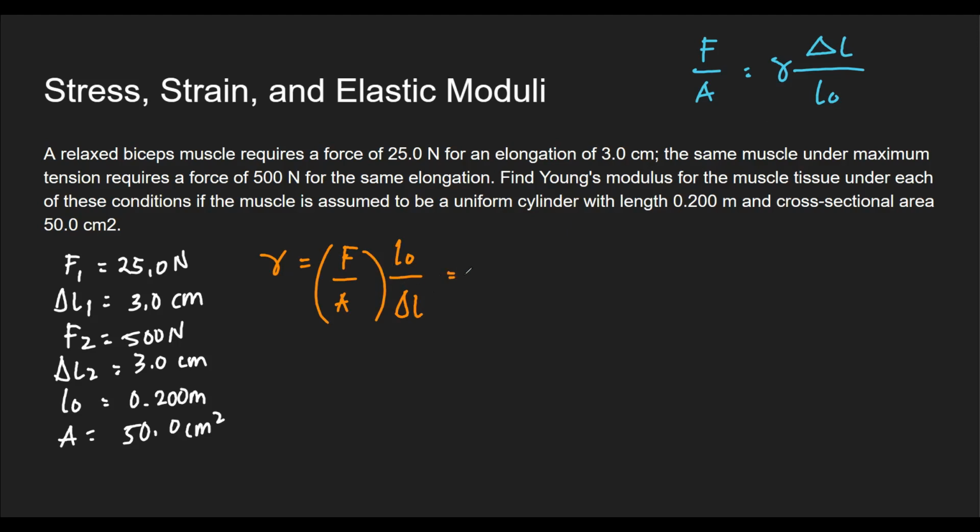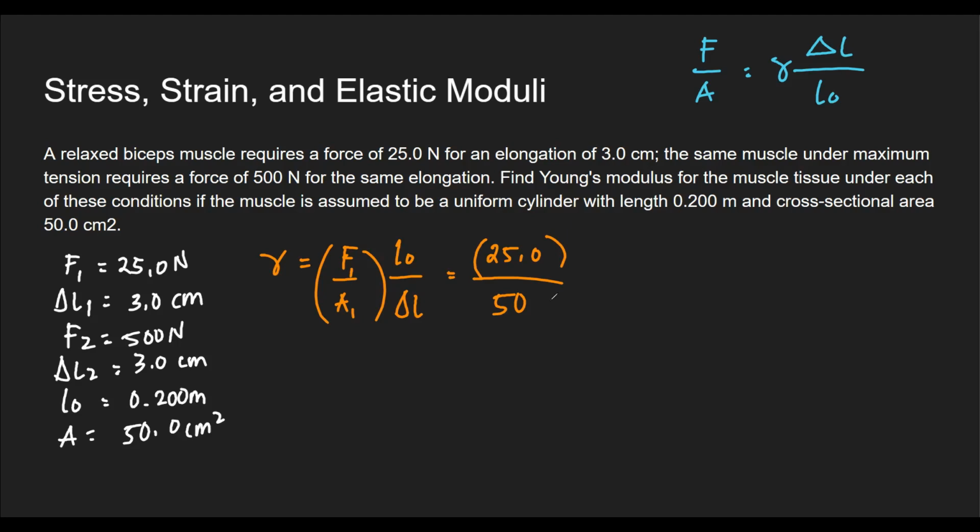And now substituting our F1, because this is the first one: F1, A1, everything is 1. Our F1 is 25.0 newtons over my A1, which is 50 cm squared. But instead of having cm all the time, I can convert it to m.